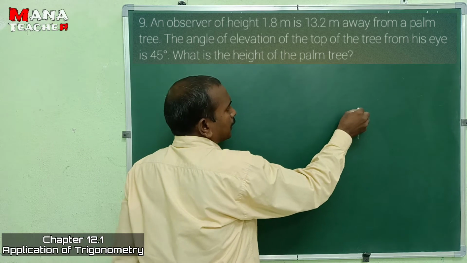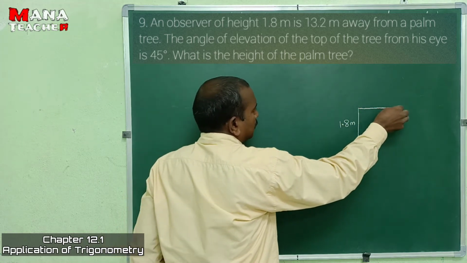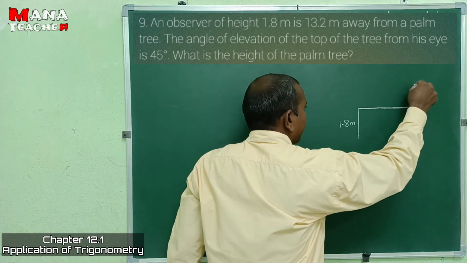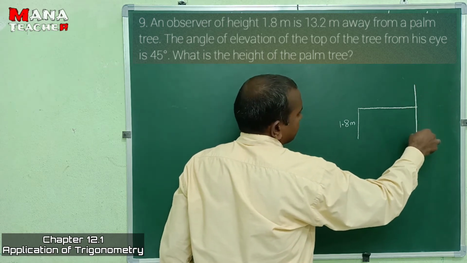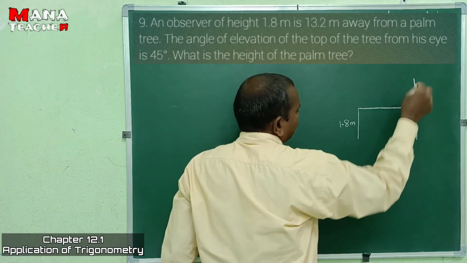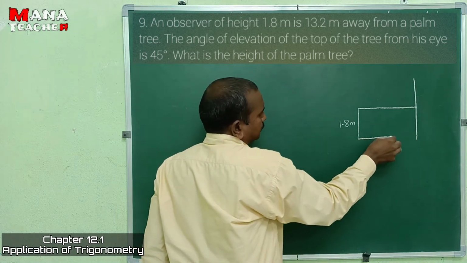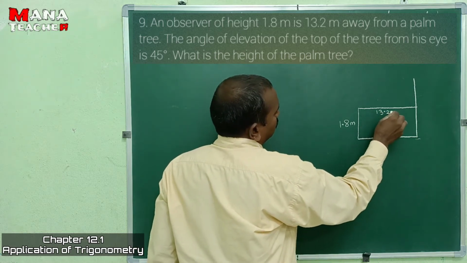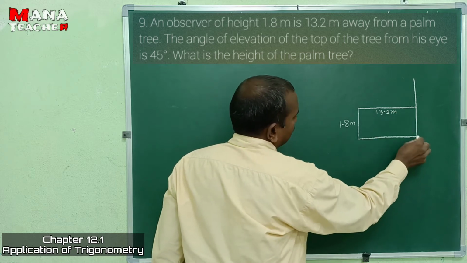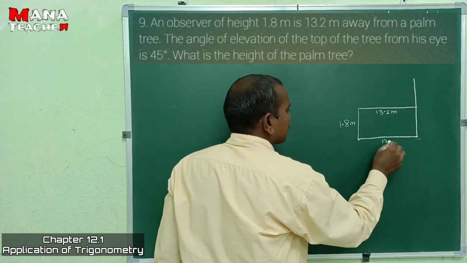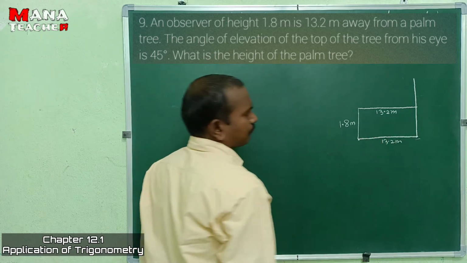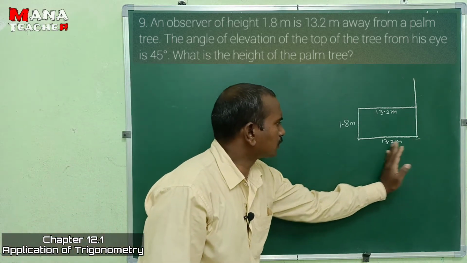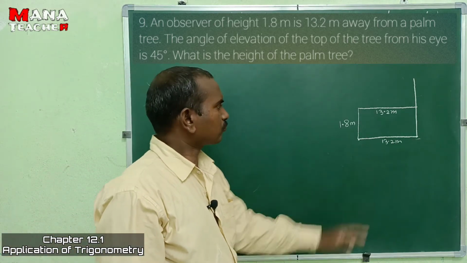Now he is away from the palm tree; this is the height of the palm tree. Here this is also the base, 13.2 meters away from the palm tree. That person is standing 13.2 meters away from the tree.